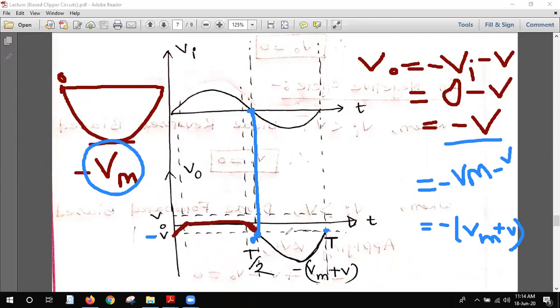So at the peak value here, it is written as minus Vm plus V. So that is the negative cycle waveform. I think we have discussed enough, and you just need to practice by yourself and see the video once or twice.